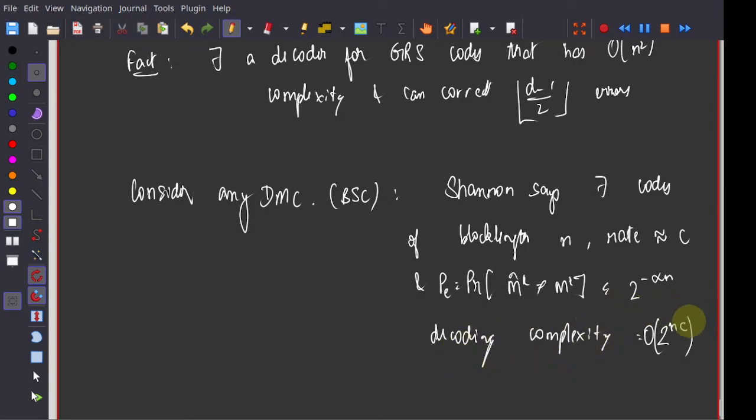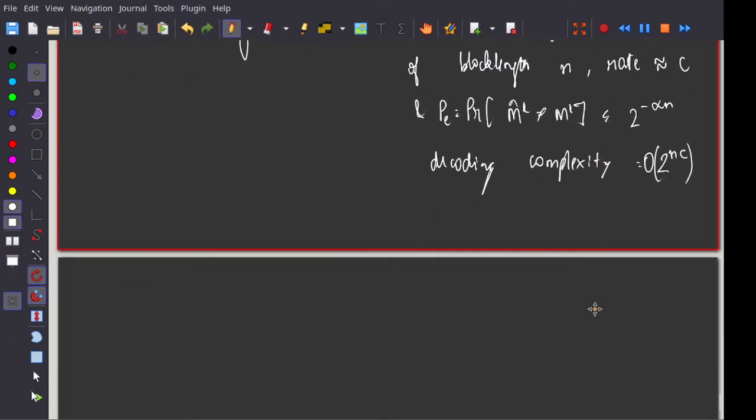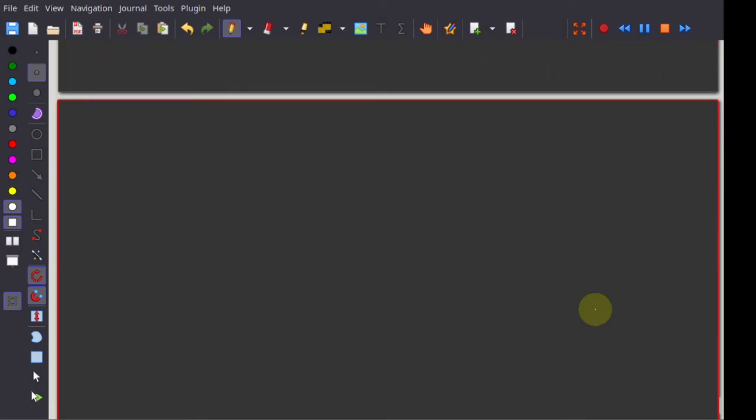But the decoding complexity should be just polynomial in n. Is it possible to ever design such a code? It turns out that Reed-Solomon codes can help us do this, right? And that's achieved using this very nice technique called code concatenation.